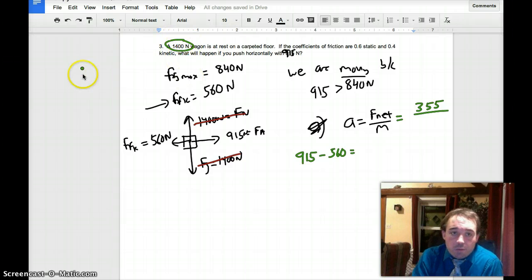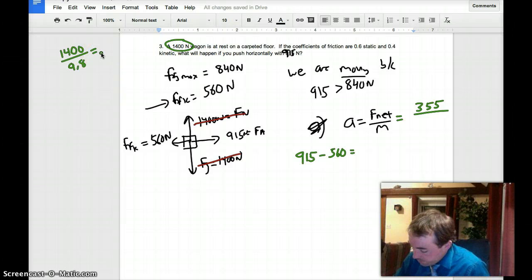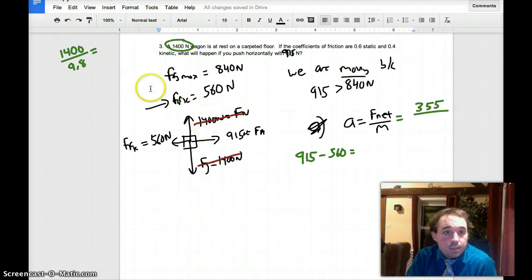We get our mass from our weight, aka the normal force, which is 1400 divided by 9.8. So our mass is 142.86 kilograms.